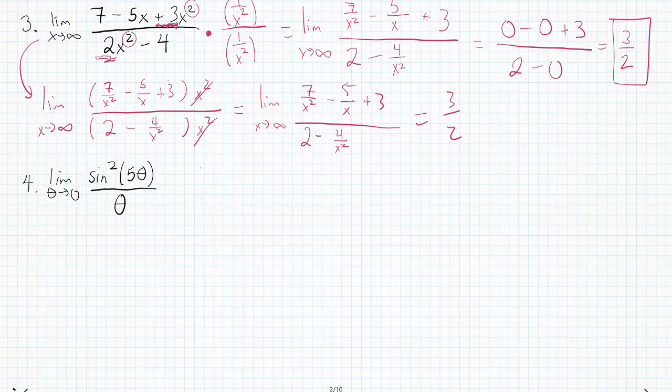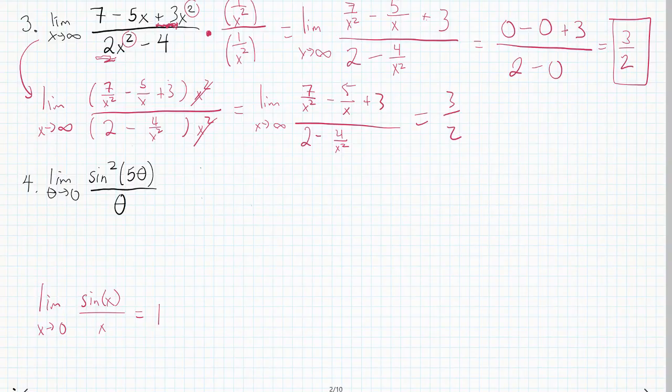Okay, so on our next one, we have the limit as theta approaches 0 of sine squared 5 theta over theta. Now, the trig limit that we need to take note of is the limit as x approaches 0 of sine of x over x. Well, that should equal just 1.